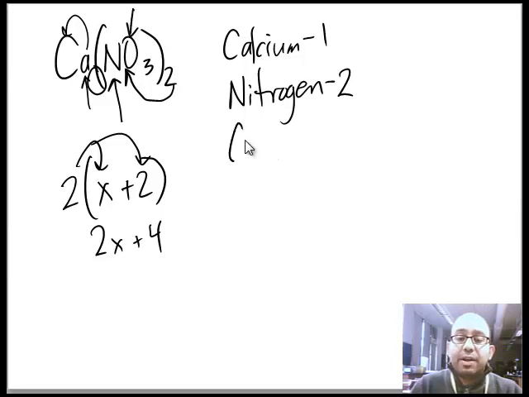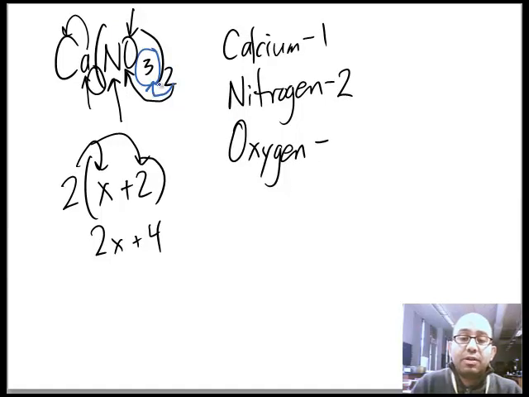And the O, so there's an O right there, and that is oxygen. Now look, there's a 3 right there, right? Except that you're distributing the 2 as well. So you do 2 times 3, and that's 6 oxygens. So the formula for calcium nitrate would be calcium, there's 1 of them, there's nitrogen, there's 2, and oxygen, there's 6.